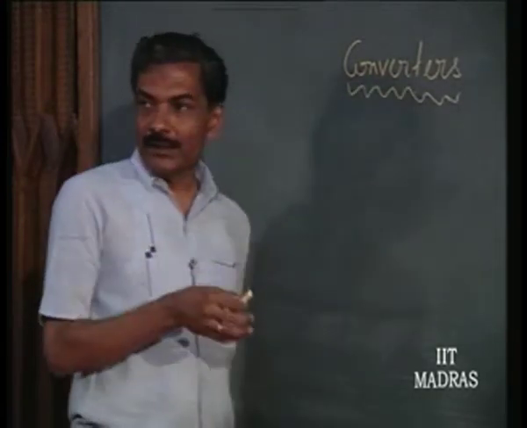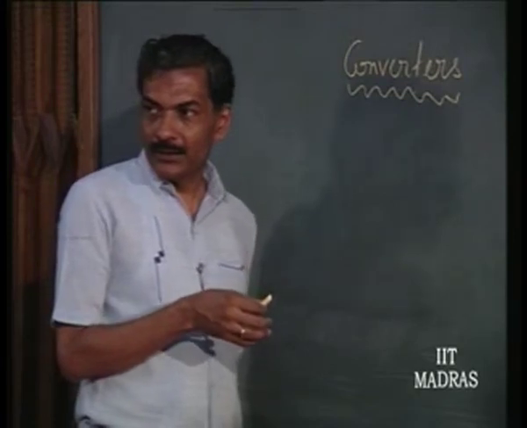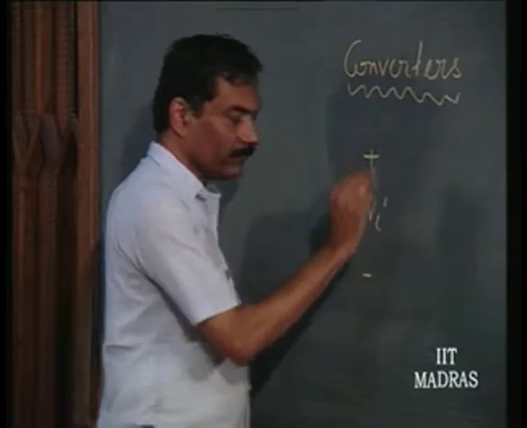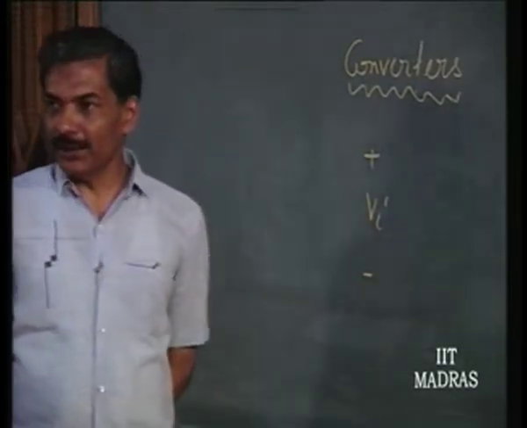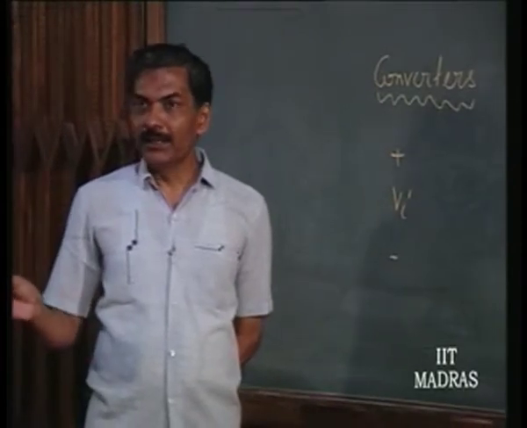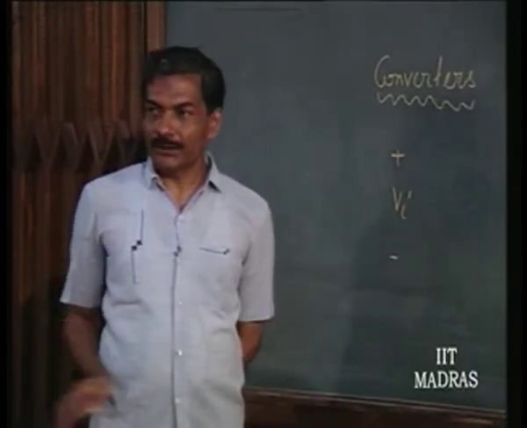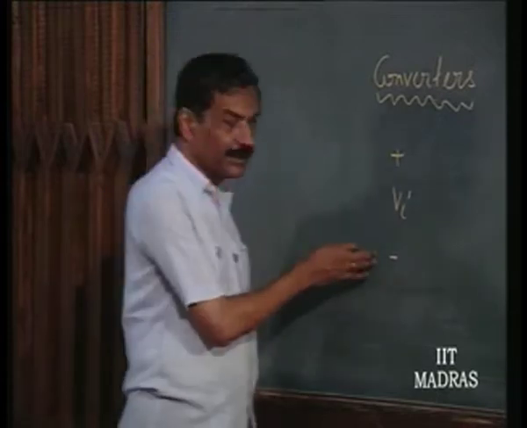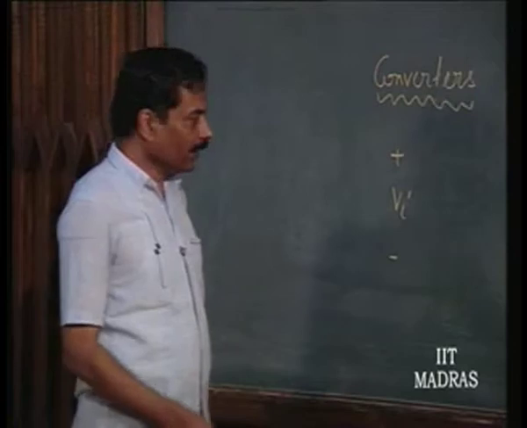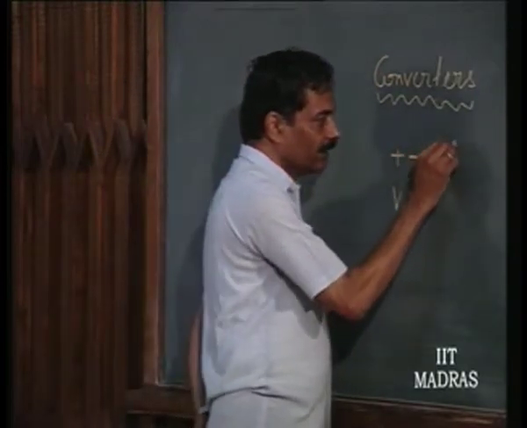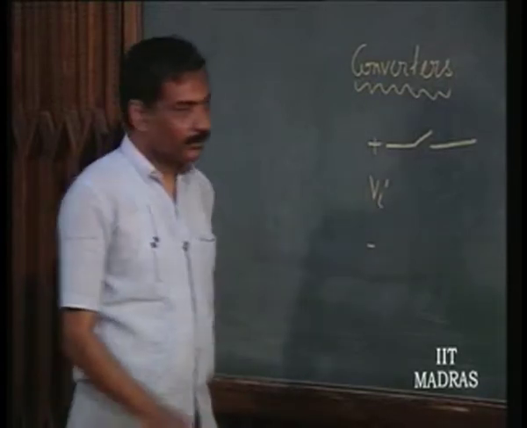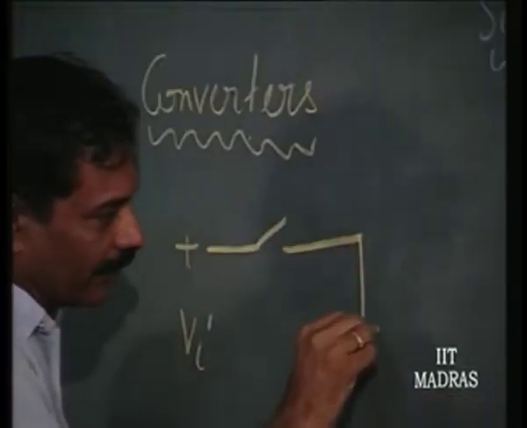I want to convert a voltage, let us say Vi, into another DC voltage in a very efficient manner. What does it mean? Efficiency should be 100%. How to convert a DC into another DC? So, what is done here is to use a switch and then charge a capacitor.